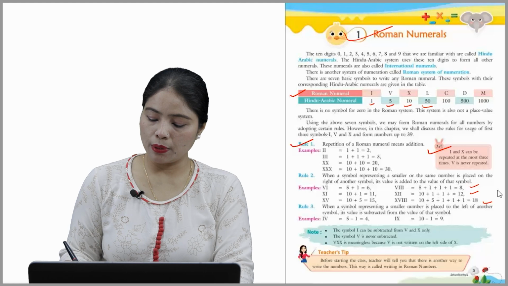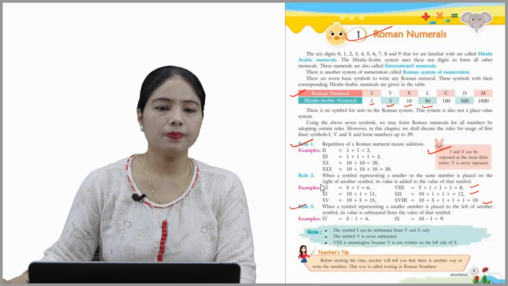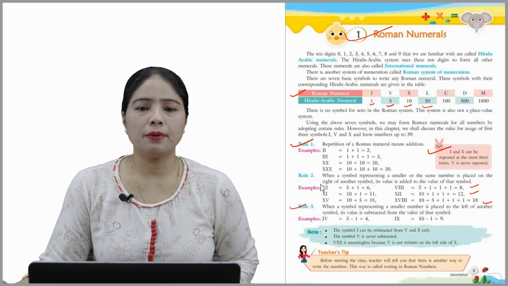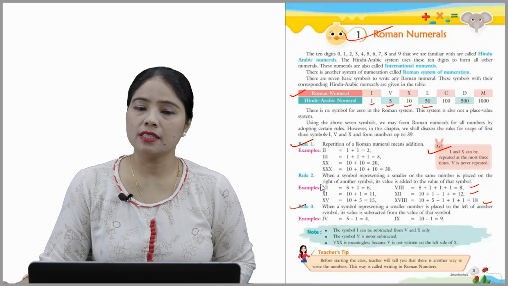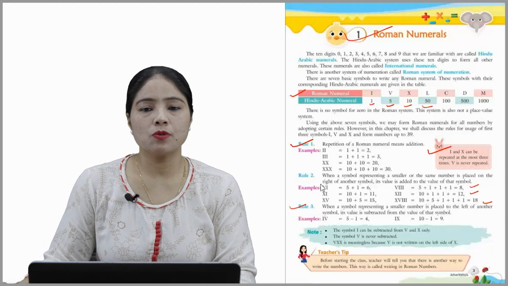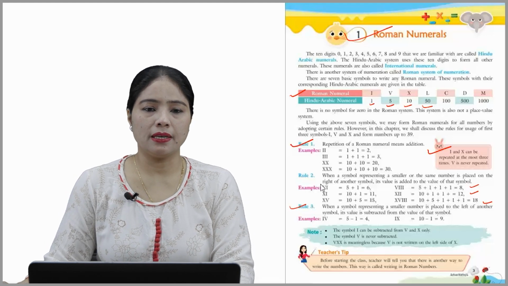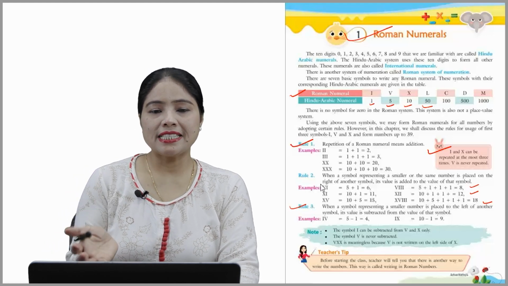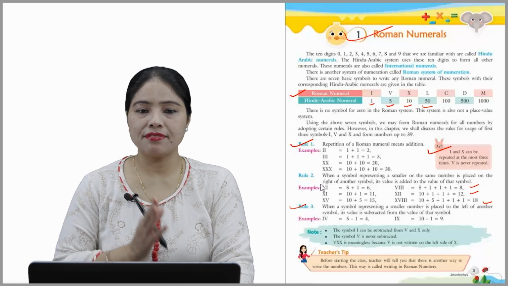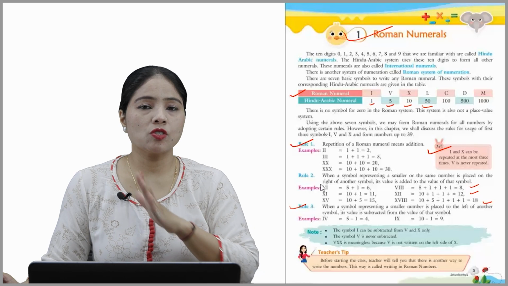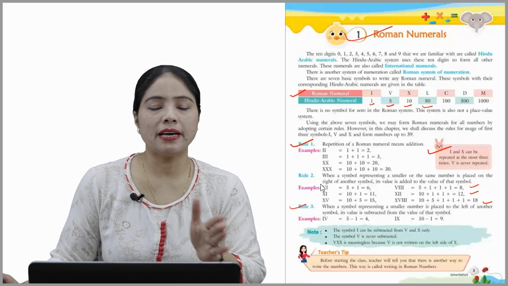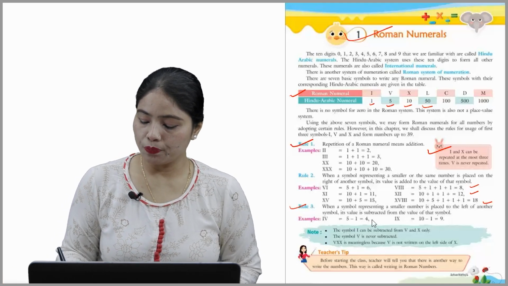So now move on, rule number 3. When a symbol representing a smaller number is placed to the left of another symbol, its value is subtracted from the value of that symbol. Example, before V, on the left side, a smaller number is coming. In that case we have to just subtract that number. So that is 5 minus 1, yes, 4.